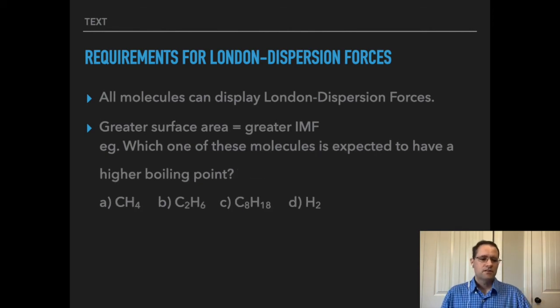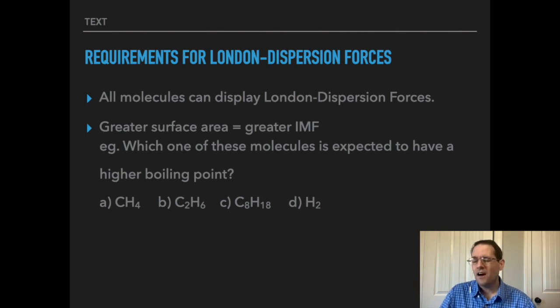This next question says, which one of these molecules is expected to have a higher boiling point? Now keep in mind the larger surface area is going to have a higher intermolecular force, and that corresponds with a higher boiling point. Okay, so if we just look at these molecules, CH4, C2H6, C8H18, and H2.